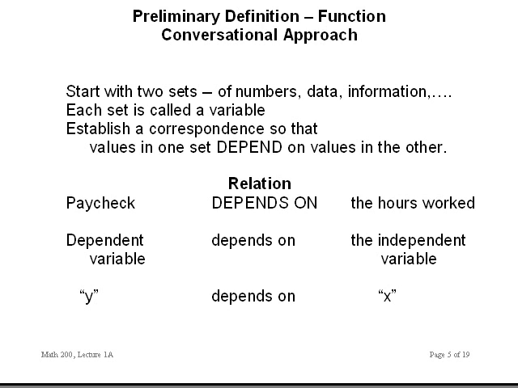Each set we name with a variable, for example, x and y. Then we establish a correspondence so that the values in one set depend on the other. For example, the paycheck depends on the hours worked. The paycheck is the dependent variable, often called y, and it depends on the independent variable, which here I called x.